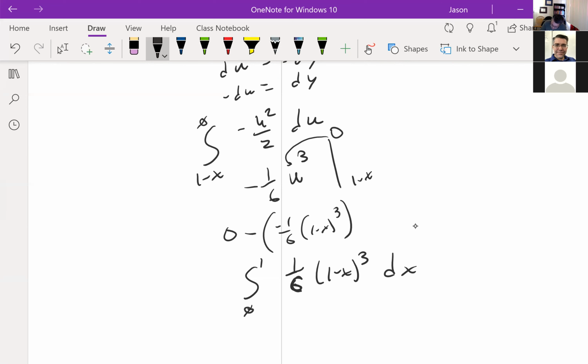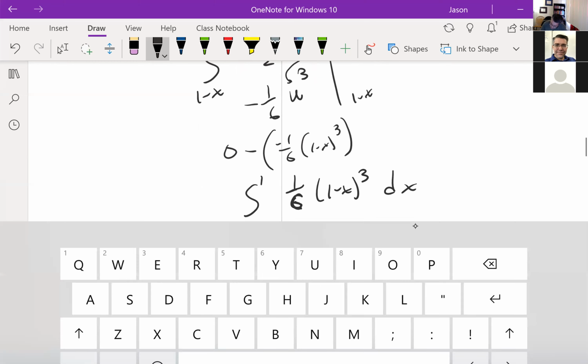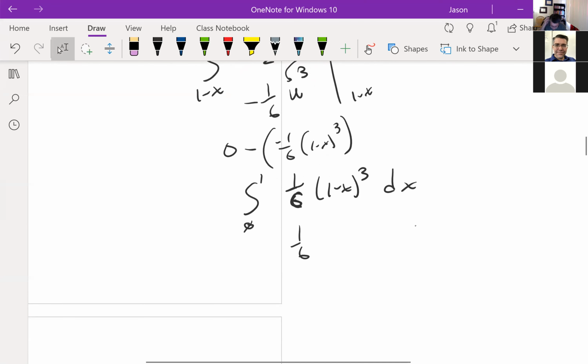Okay, so we have 1/6 of the integral from 0 to 1 of 1 minus x cubed dx.